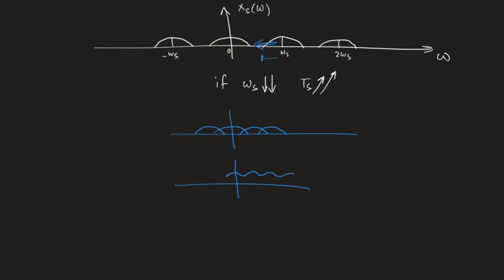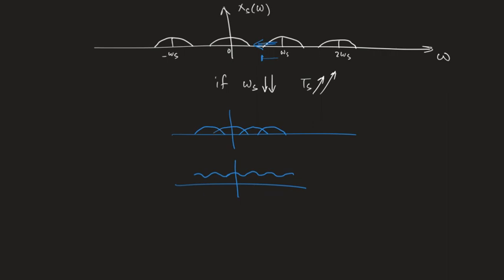Right? I can no longer, by any filtering, recover the original shape of the signal around 0. So no matter what I do with this resulting signal, I will not be able to recover the original signal.